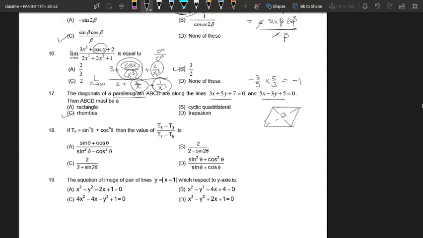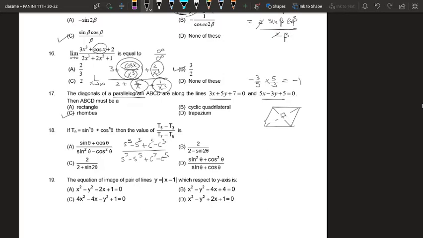Yes. Now Tn is sine raised to power n theta plus cos raised to power n theta, so we simply put T5 minus T3 over T7 minus T5. T3 means sine cube plus cos cube, T5 means sine raised to 5 plus cos raised to 5. If we take sine terms together and cos terms together: (s5 minus s cube plus c5 minus c cube) divided by (s7 minus s5 plus c7 minus c5).